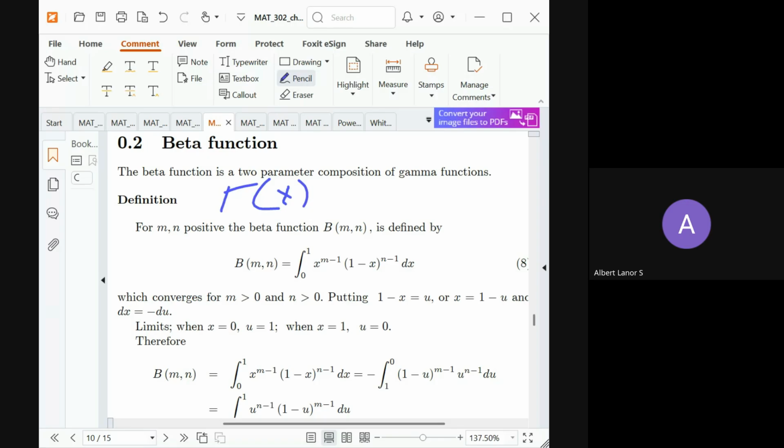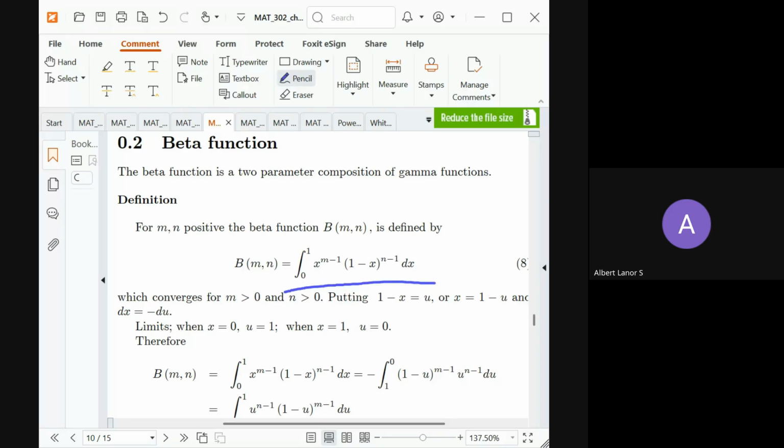The m and the n. All right, so for positive m and n, you're going to have this one.